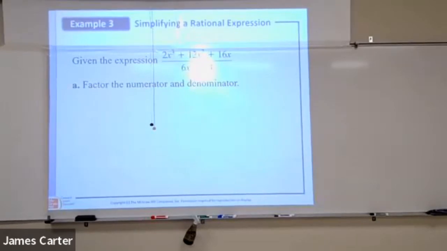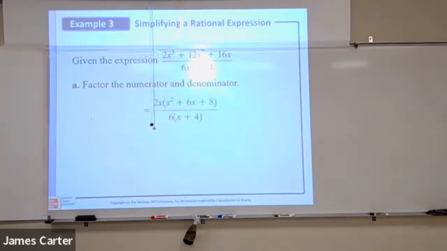Okay, what about this one? We need to factor the numerator and factor the denominator separately. Now we are doing what we are calling simplifying. We're not just doing the domain, but we still need to do the domain. Now, let's go ahead and factor these.